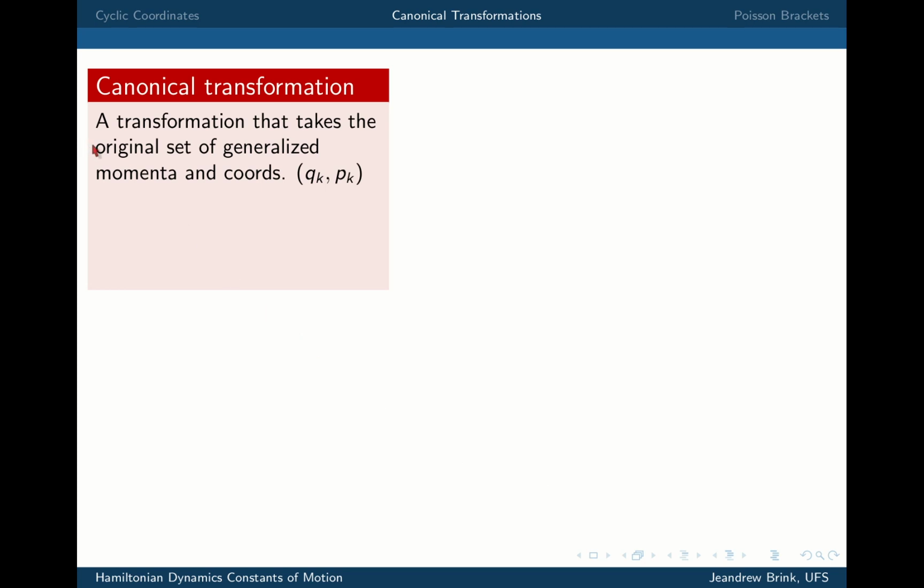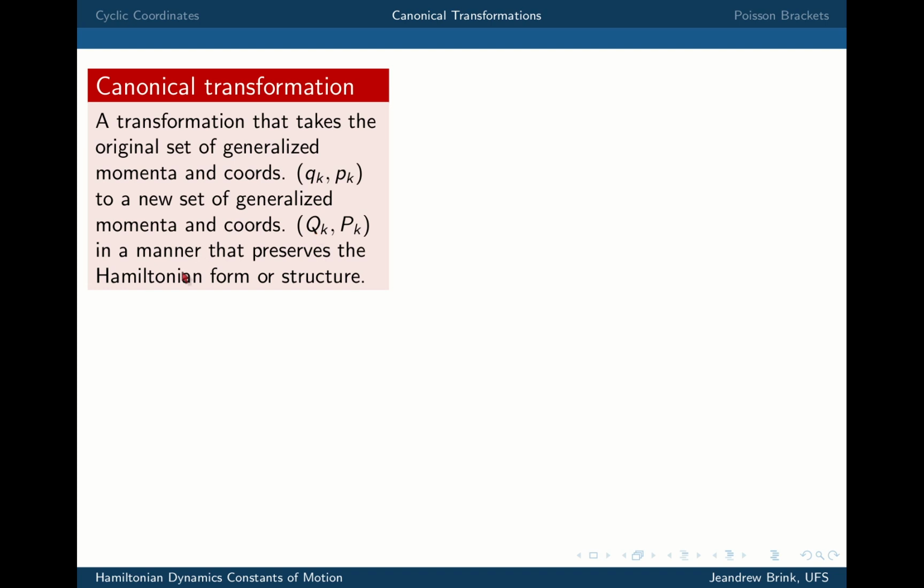So a canonical transformation is a transformation that takes the original set of generalized coordinates q and p, so position and momenta, and it generates a new set of canonical coordinates that we're going to call big Q and big P, in a manner that preserves the Hamiltonian form of the structure.